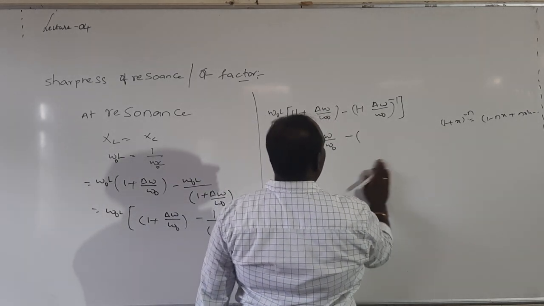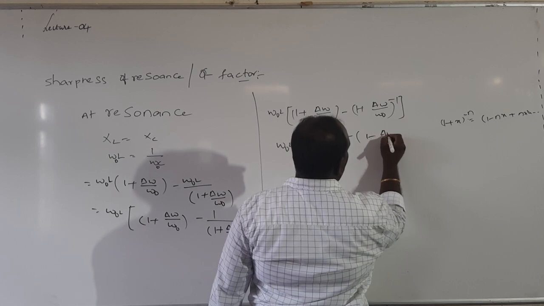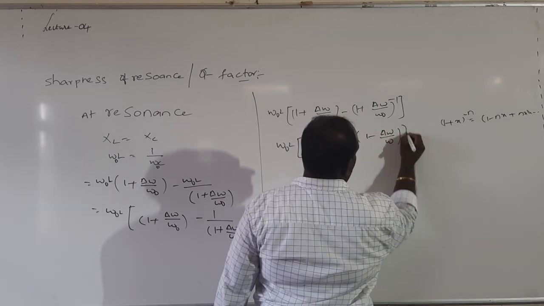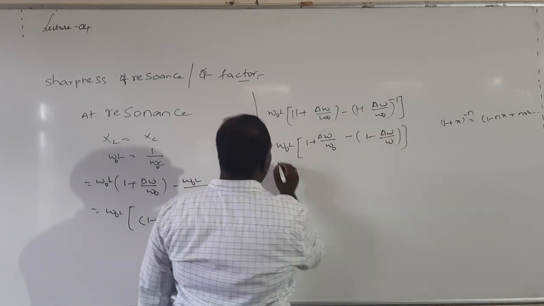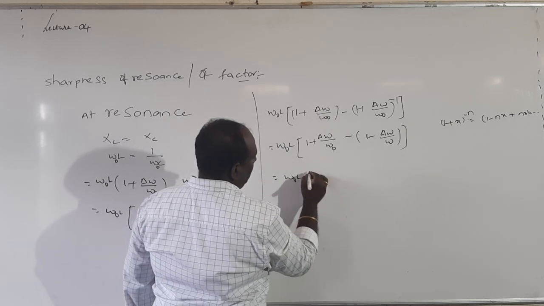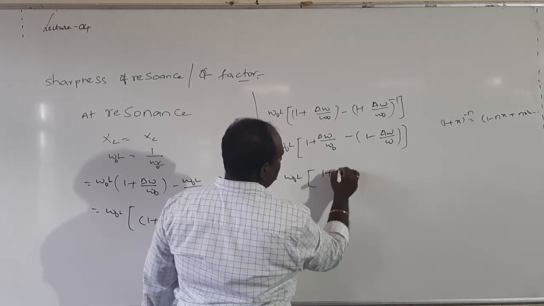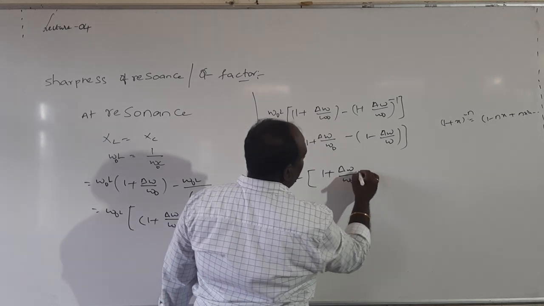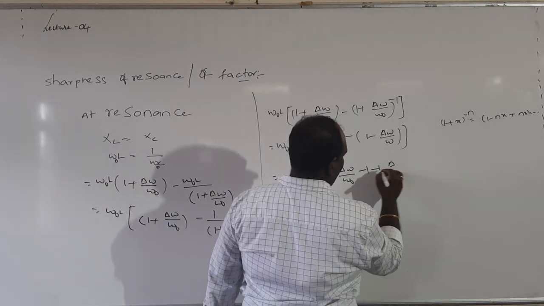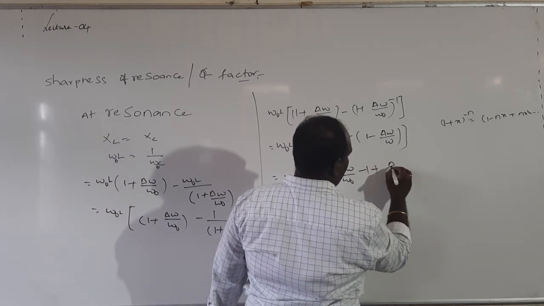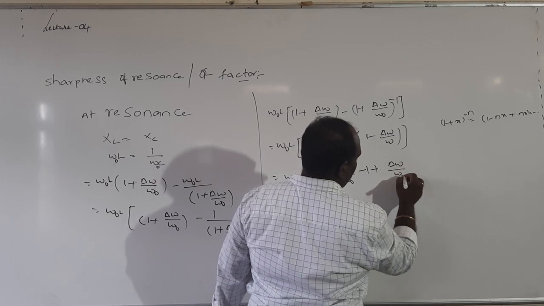Then what I will get? 1 minus delta omega by omega naught. So multiply with the minus, then we will get omega naught L into 1 plus delta omega by omega naught minus 1 plus delta omega by omega naught.